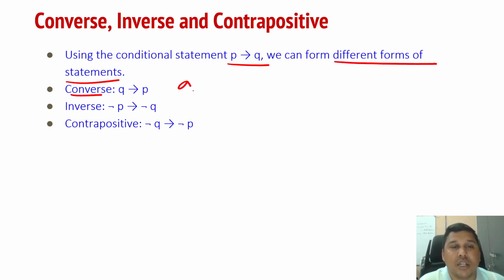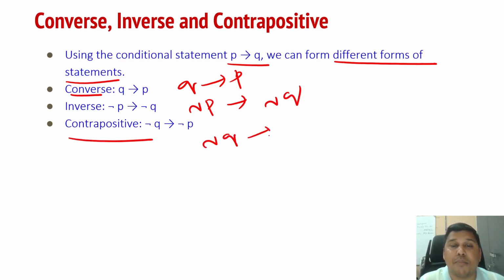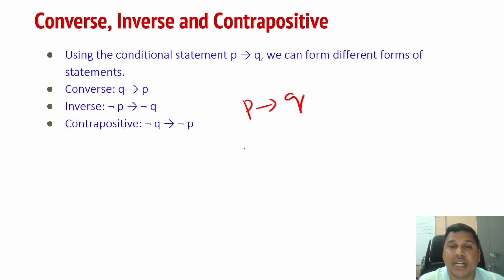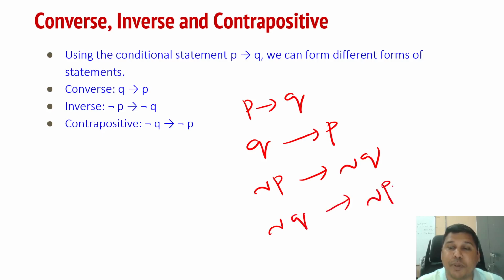Converse means Q implies P. Inverse means not P implies not Q. And contrapositive means not Q implies not P.